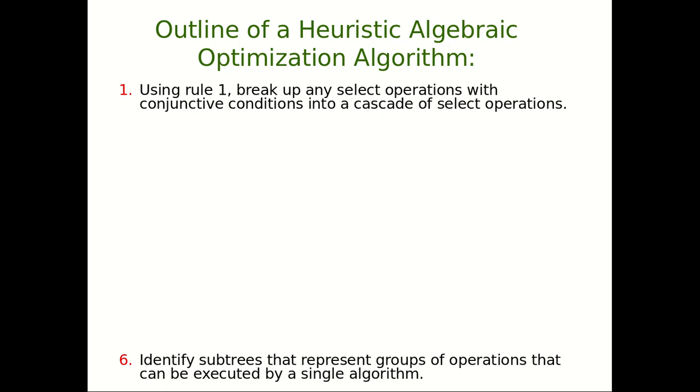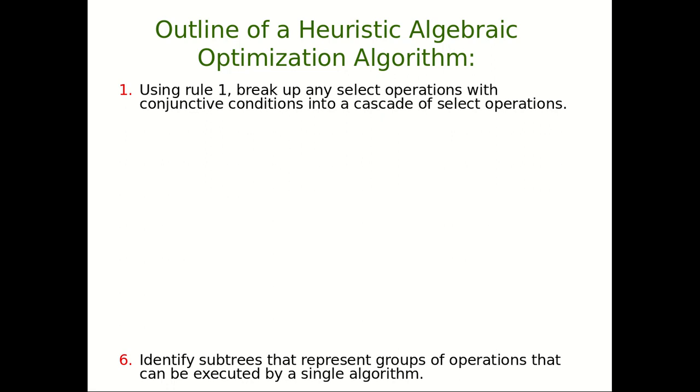You know the relations are joined together with Cartesian product, and whatever condition is written in the where clause is a select with a combined, conjunctive condition. Therefore, break that conjunctive condition into individual operations, a cascade of select operations.